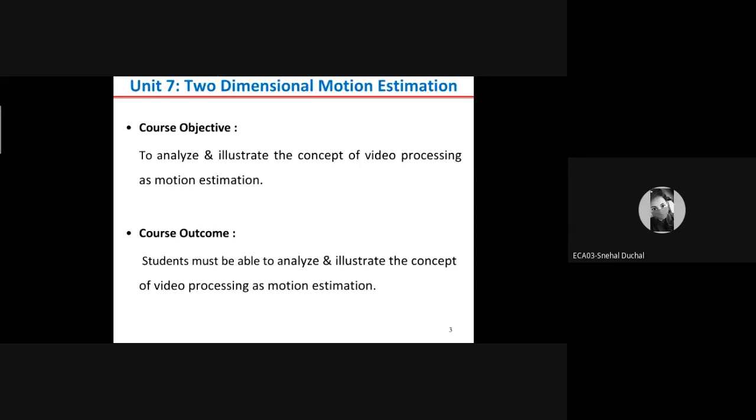If we study these concepts, then we'll get ideas regarding video and video signals, how we can represent video, what motion is, and what the optical flow equation is. By using these concepts, we are able to understand the various video processing techniques.